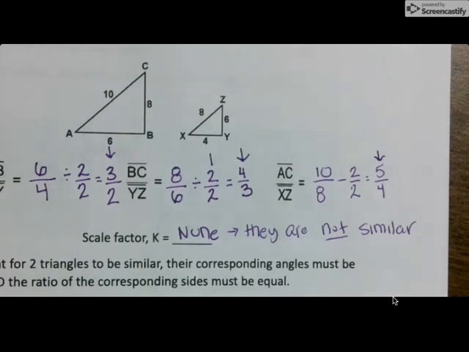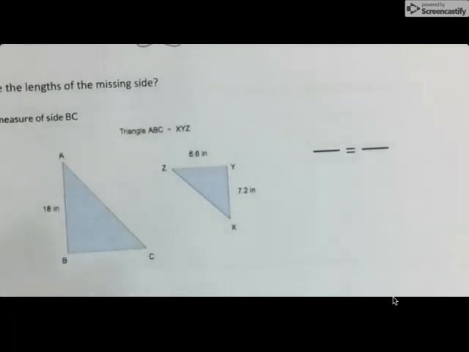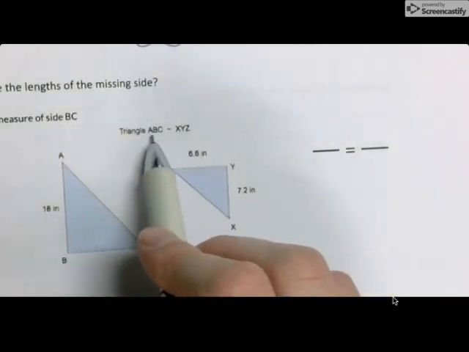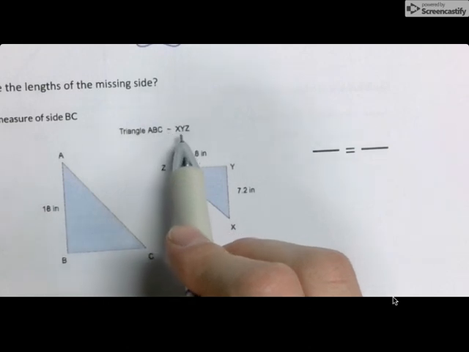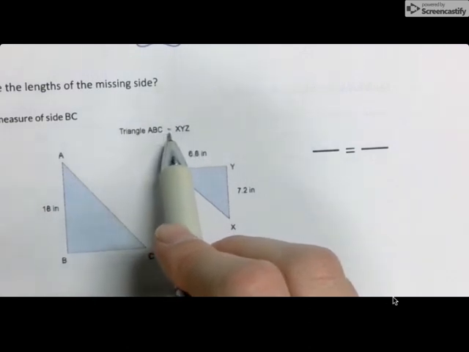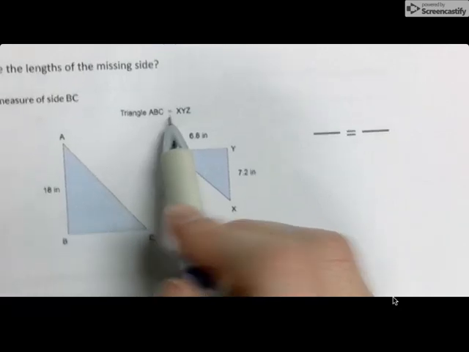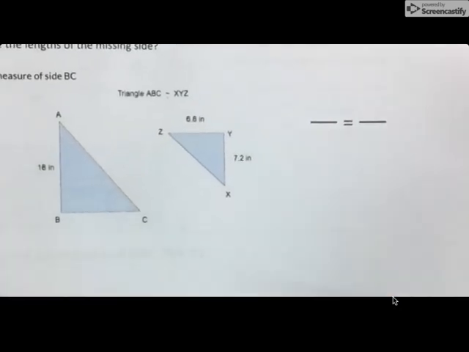So now what's going to happen is they're going to ask us to find answers for similar triangles. Okay? So if you ever see something like triangle ABC, this little symbol, XYZ, that means similar. Okay? That means similar. So let's start with which sides are the same.